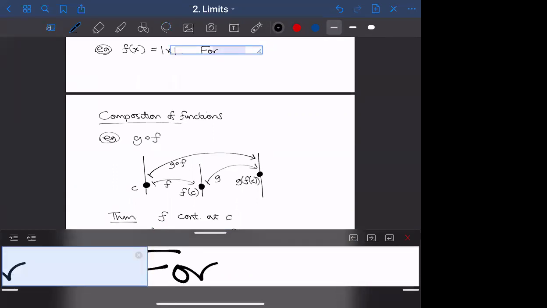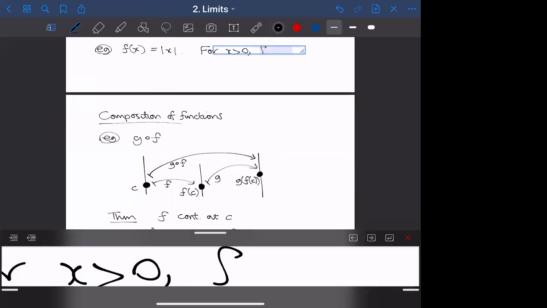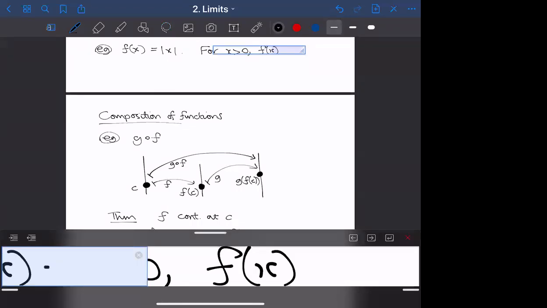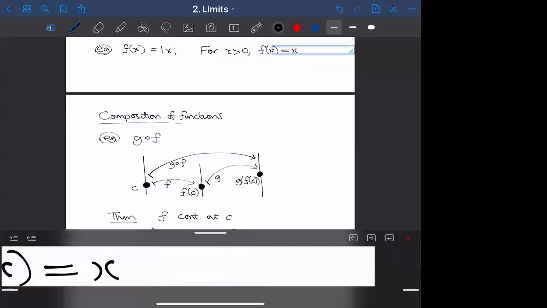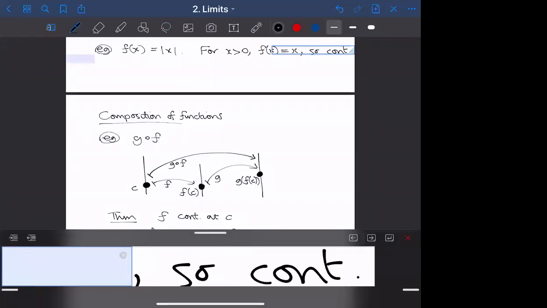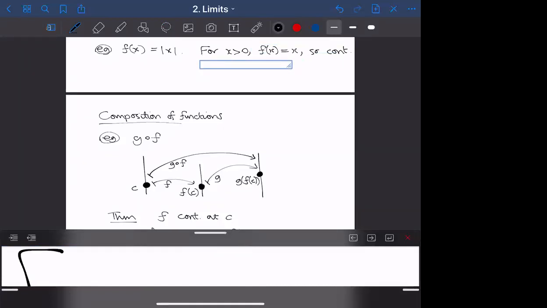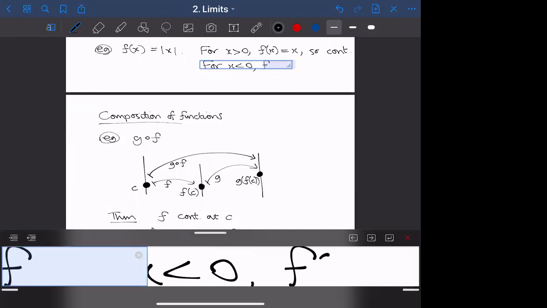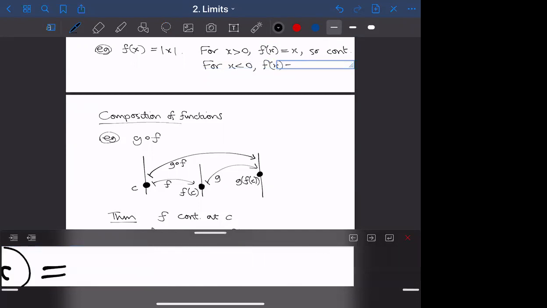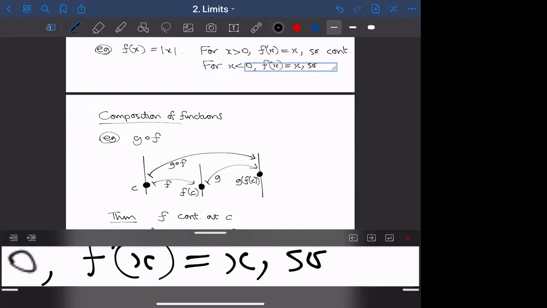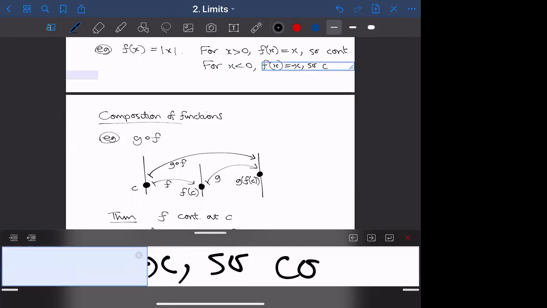So this function f(x), for x greater than 0, f of x, of course, is equal to x. So it's continuous. For x less than 0, f of x is equal to minus x. So it's also continuous.